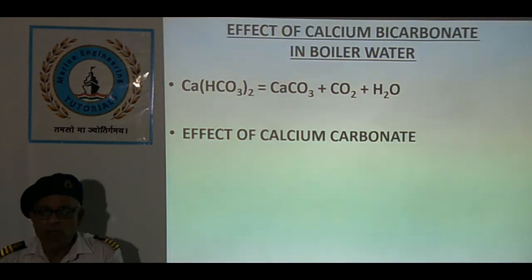Calcium carbonate has low solubility which decreases with increase in temperature and thus forms scale. Scale formed by calcium carbonate is soft and porous in nature and is not as poor a conductor of heat as calcium sulphate scale.